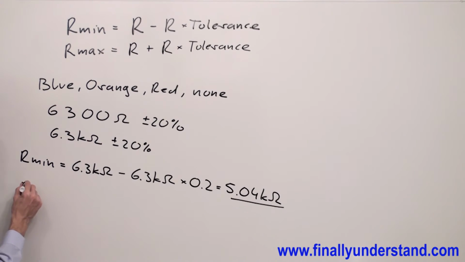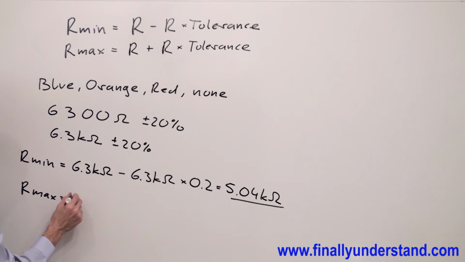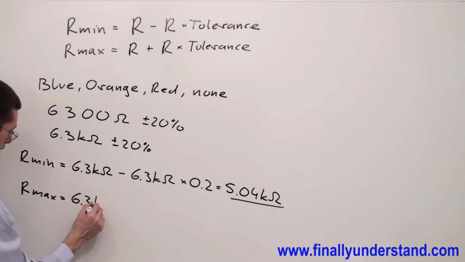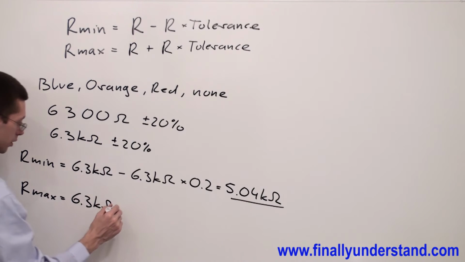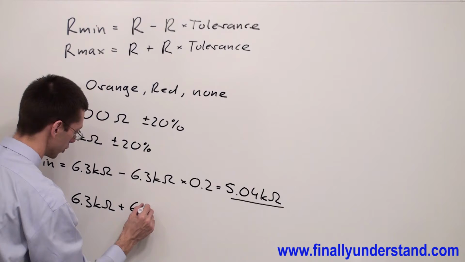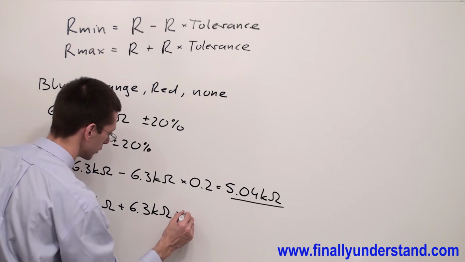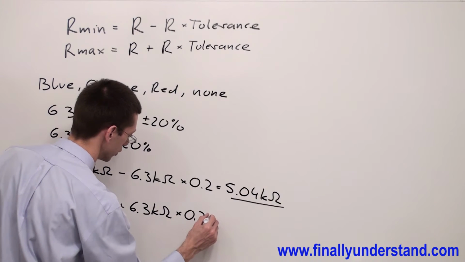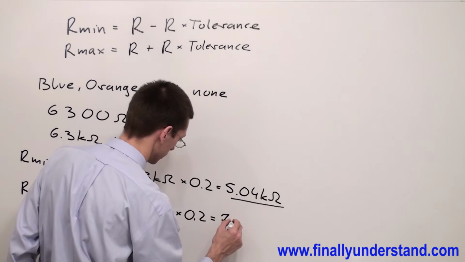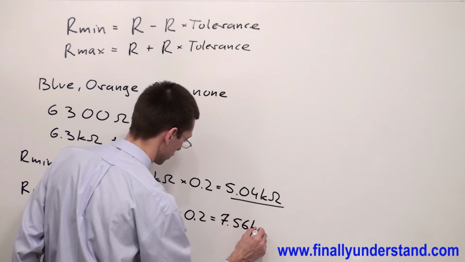And possible R maximum is equal to 6.3 kΩ plus 6.3 kΩ times 0.2, which is equal to 7.56 kΩ.